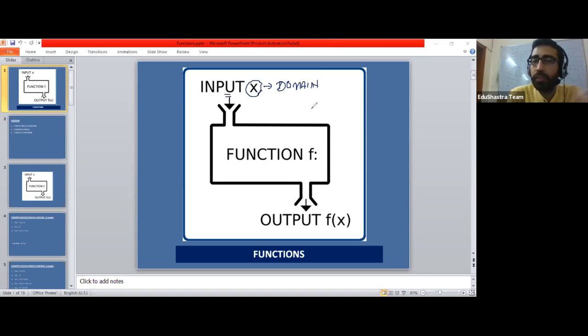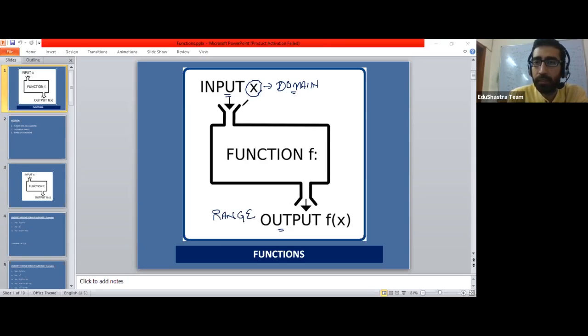So the values at which the function is defined: like in a washing machine, you can put clothes but not bricks, or in a juicer, you can probably put orange and radish and carrot, but you can't put, say, cheese in a juicer. There are limitations of that machine, so those limitations define the domain. All acceptable inputs are the domain, and the corresponding output that you get, the possible values of f(x), are the range.